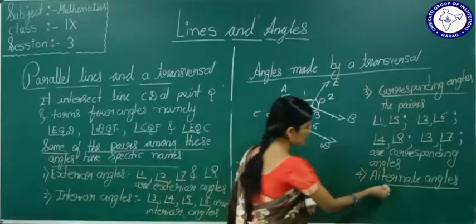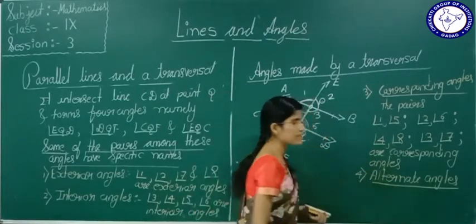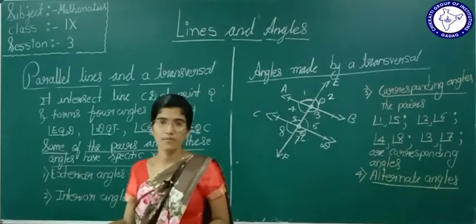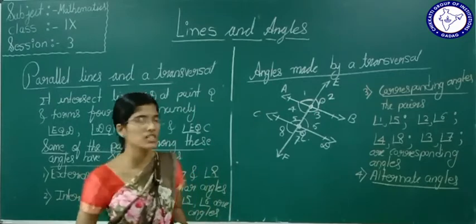Now we will see what are these alternate angles. In alternate angles we have two types. One is alternate interior angle and one more is alternate exterior angle.